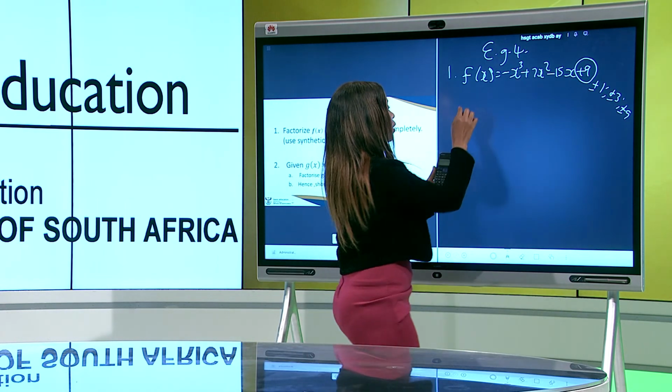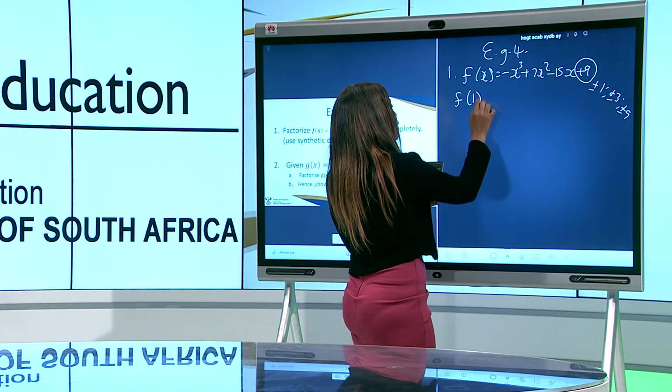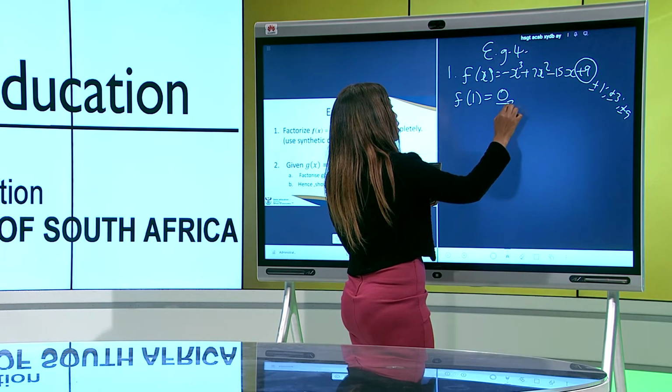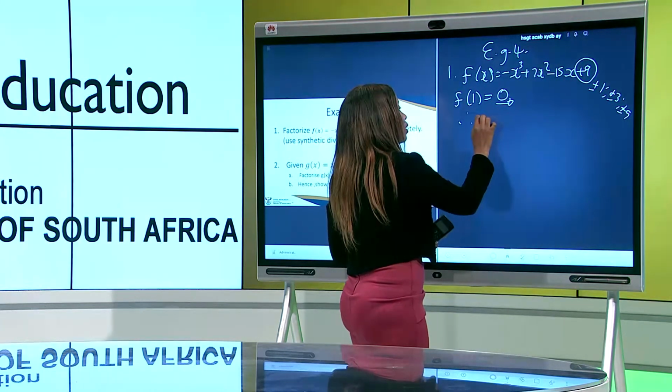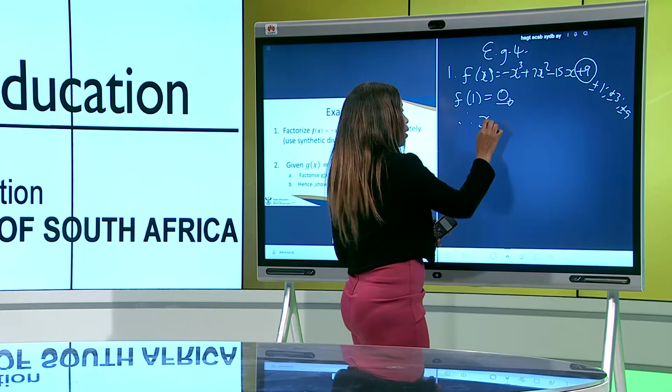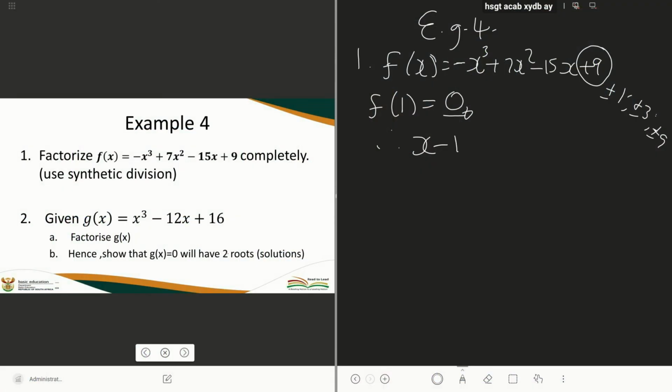Then f(1) gives us the remainder of 0. Therefore, x minus 1 is a factor of the polynomial.